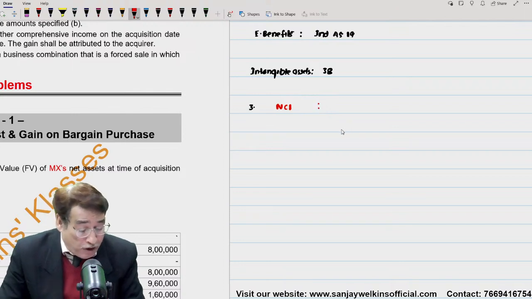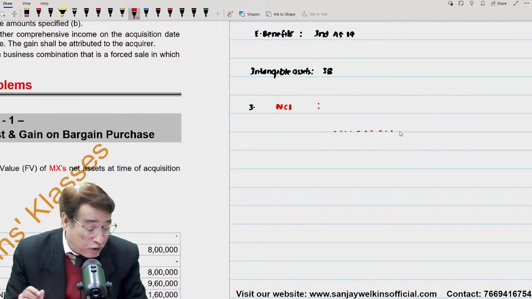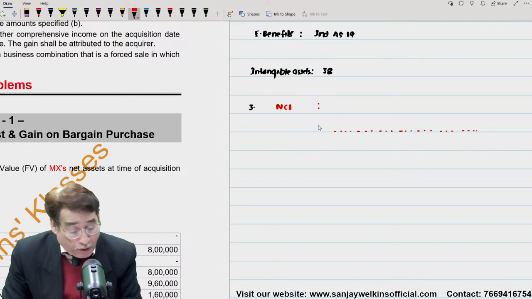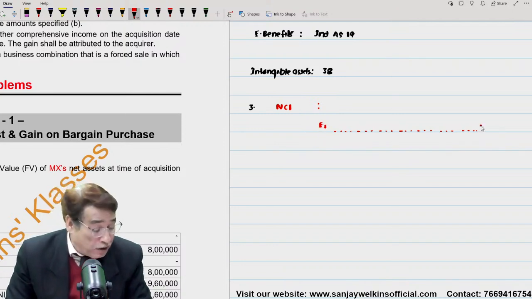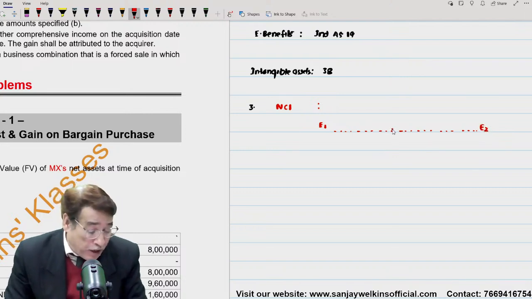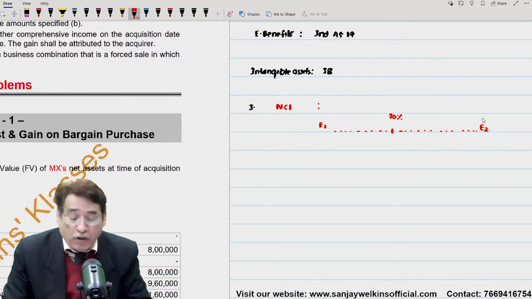In order to make you understand this particular point, please also write along with me, and be honest, as I have already told you. In this particular case, we presume that there is an entity by the name of E1, and another entity, E2. Further, I presume that on this date, we got hold of 70% stake in E2.